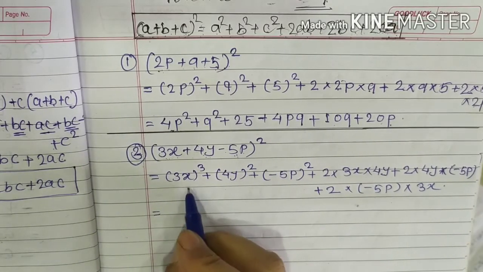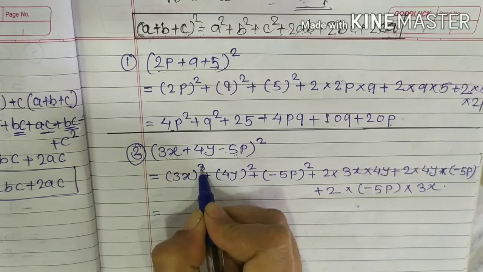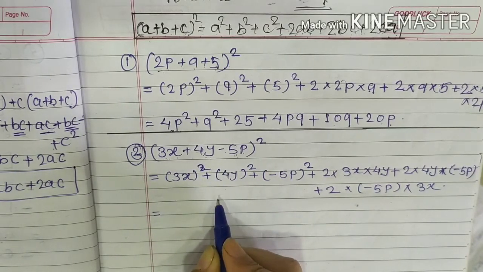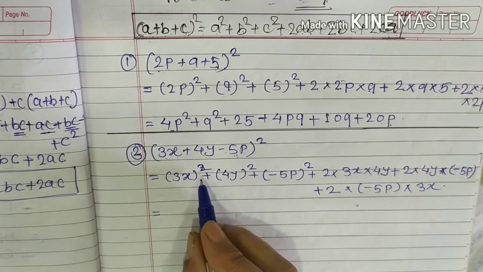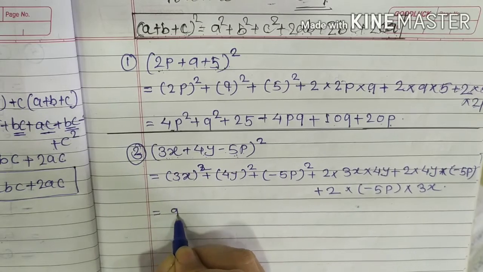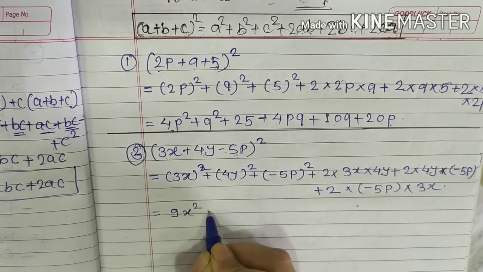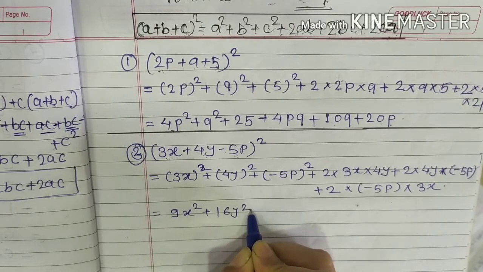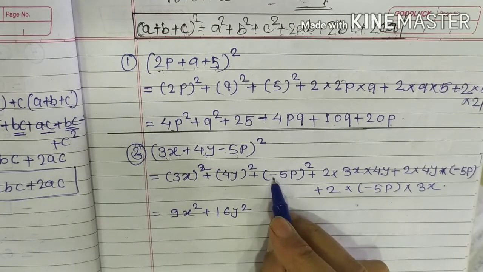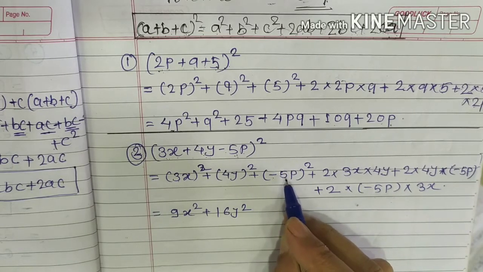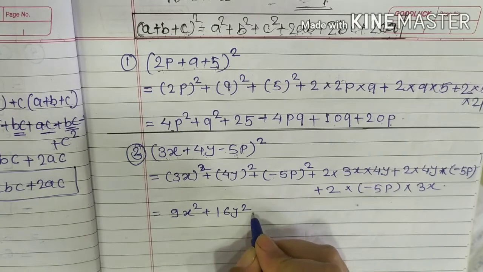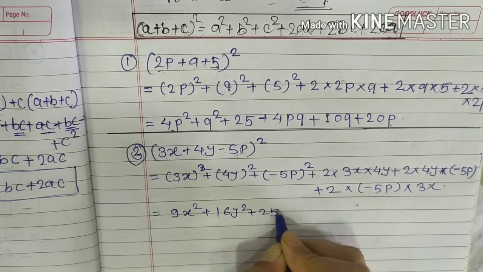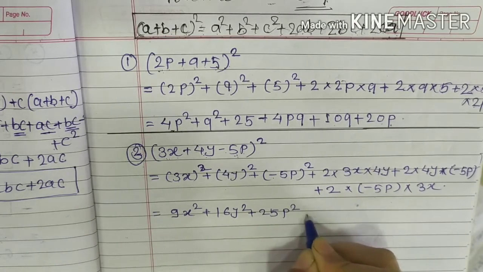In the next step we make the squares. (3x) square, square of 3 is 9x square, plus 16y square. Here minus 5 into minus 5, square of this is plus 25p square.